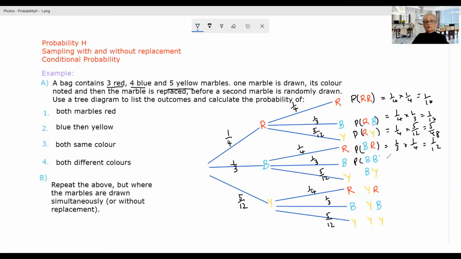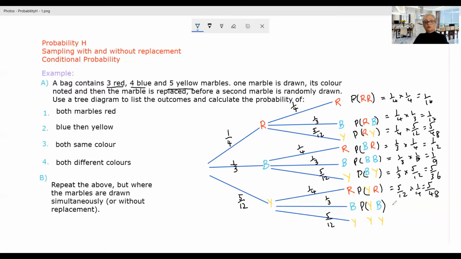Blue then blue, a third by a third, so a 9th. Probability of getting blue then yellow is a third by 5/12, which is 5 on 36. Yellow then red is 5/12 times a quarter, which is 5 on 48.